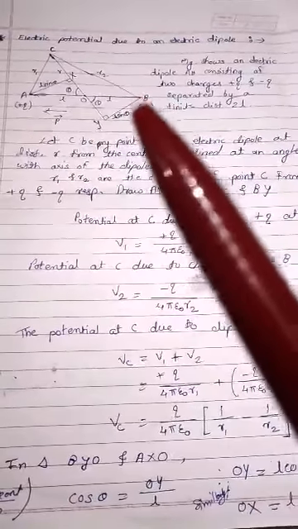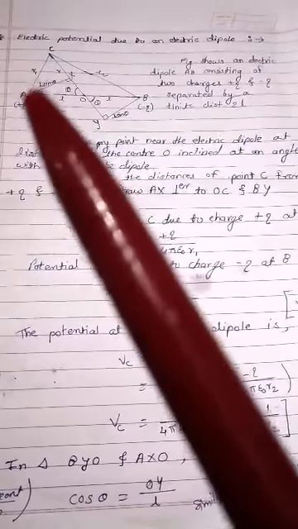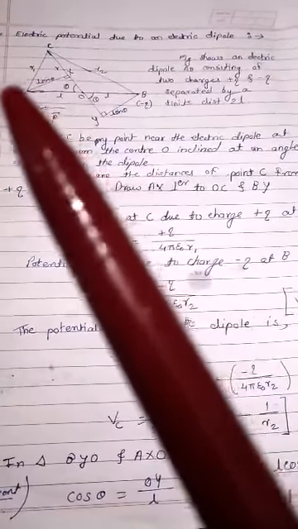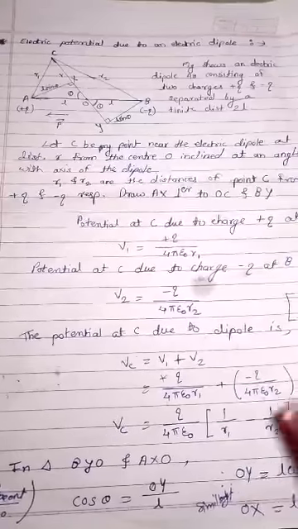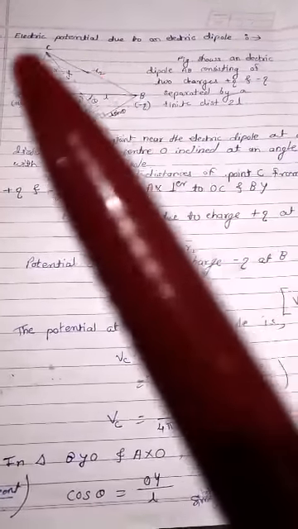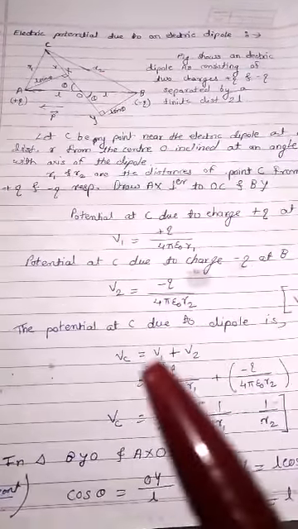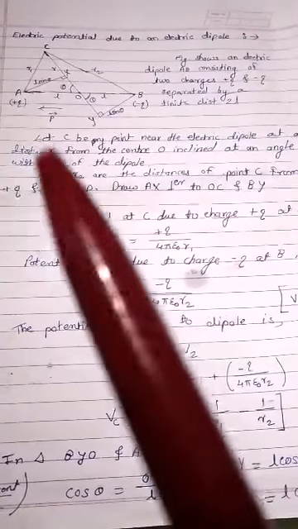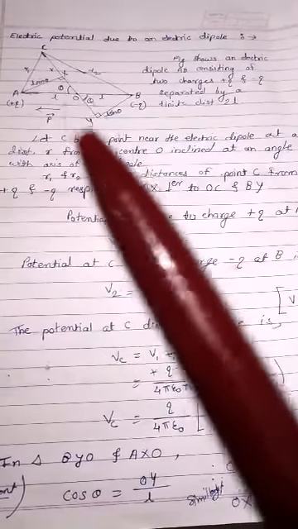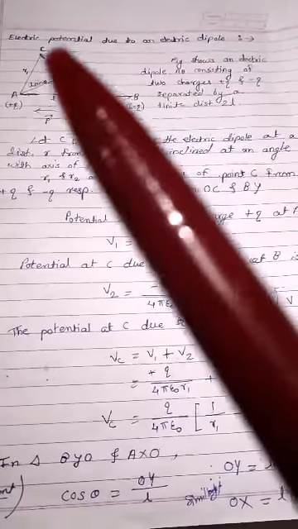BYO shows this triangle, and AOX shows this triangle. Using these two triangles, we find the values of OY and OX.